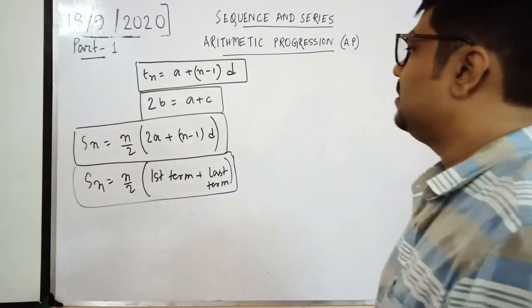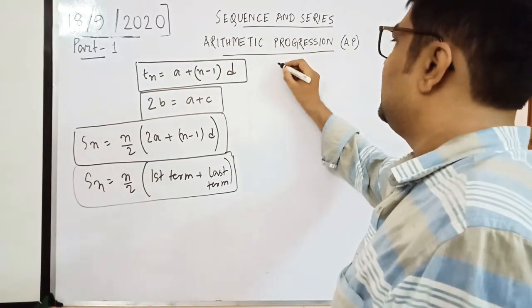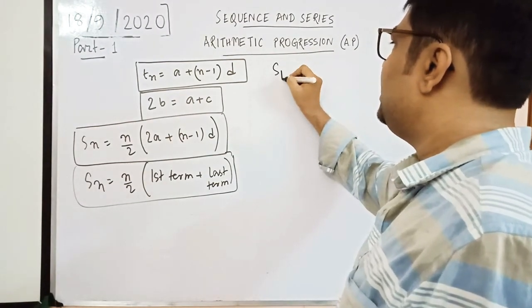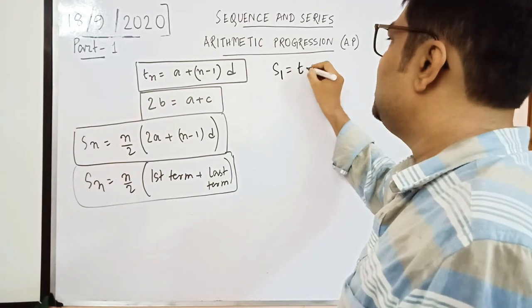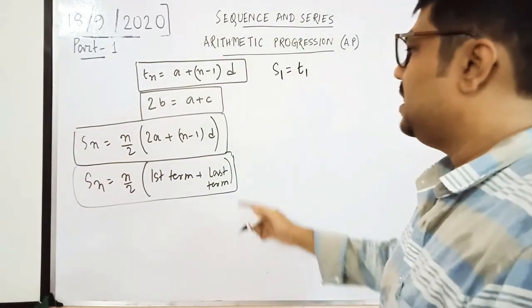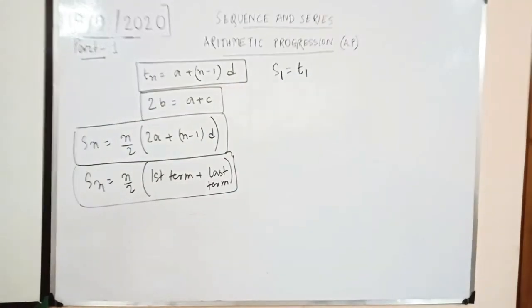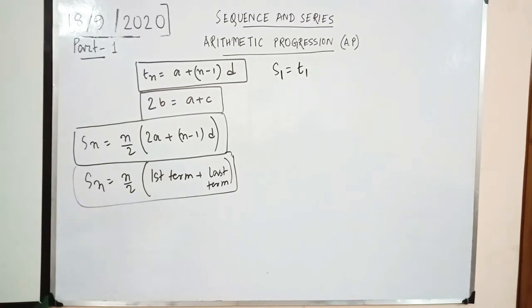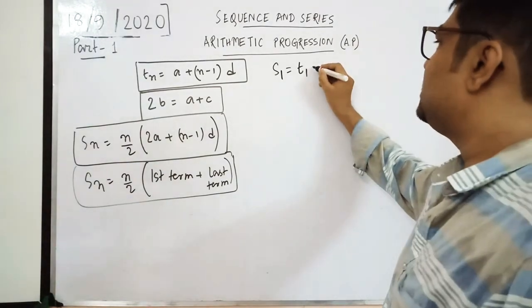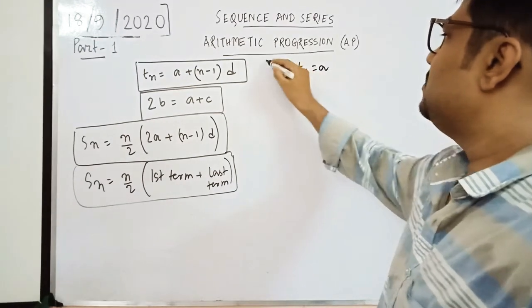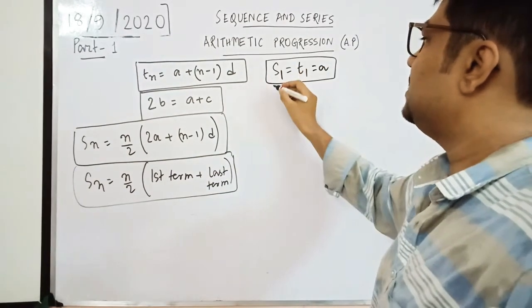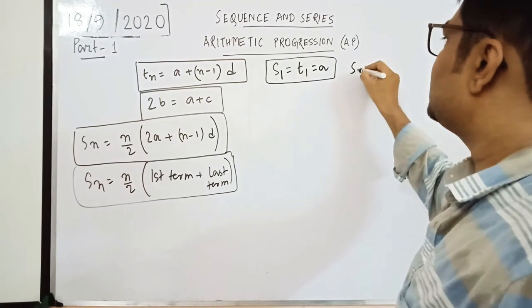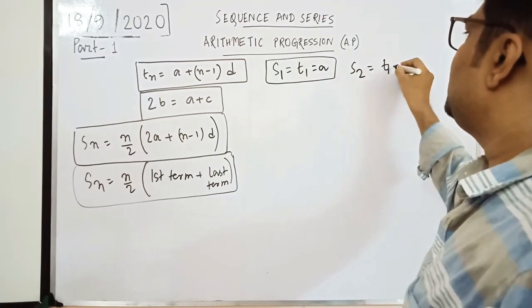Say, what is S1? S1 is actually T1. That means if Sn denotes the summation of n terms, then S1 will be T1, or a. So you must remember that S1 is this. Now if you ask what is S2, it will be T1 plus T2.